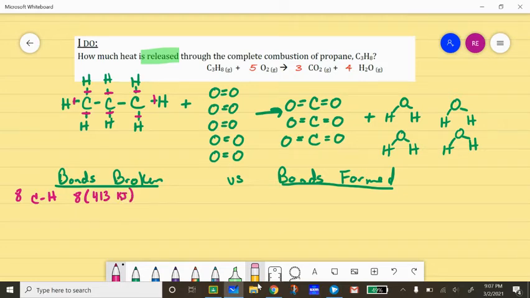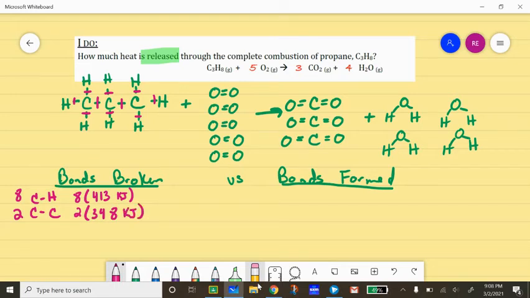Now carbon-carbon bonds: I only have 2 there, and they're single bonds. Notice the table has carbon double bonds and carbon triple bonds, so make sure you pick the right ones. That's 2 times its bond enthalpy, 348 kilojoules.